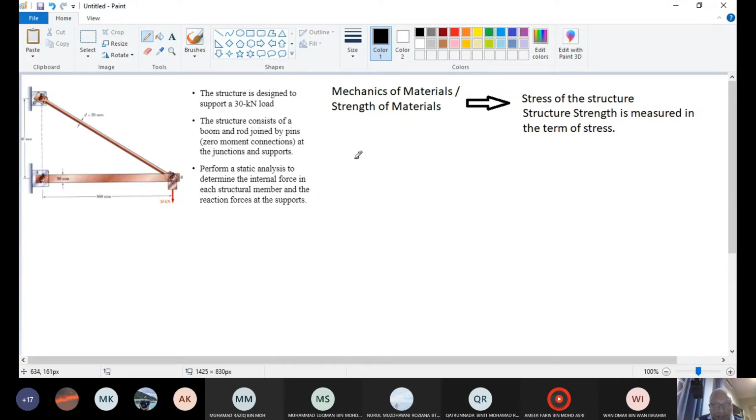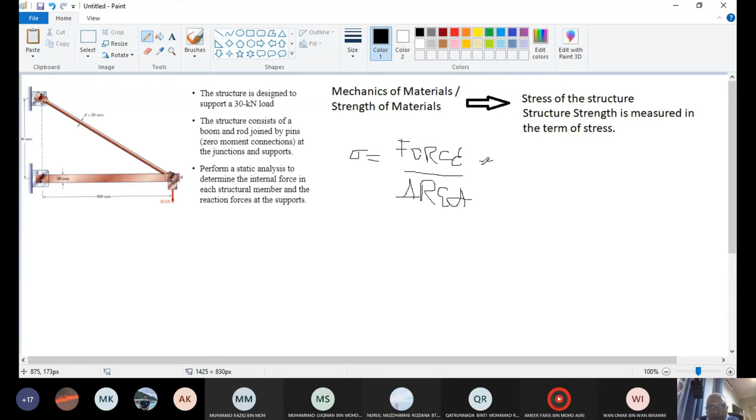Stress, sigma, is calculated by force over area. Okay, so that's how you get the stress.